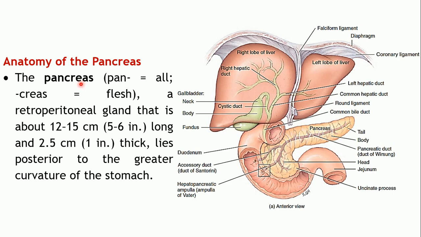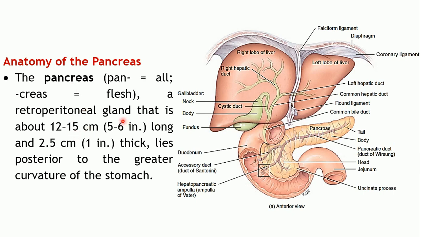The actual meaning of this word pancreas: pan means all and creas means flesh. That's why it mainly comprises tissue. It is soft in nature, so that's why it is known as pancreas, and it's a retroperitoneal gland.